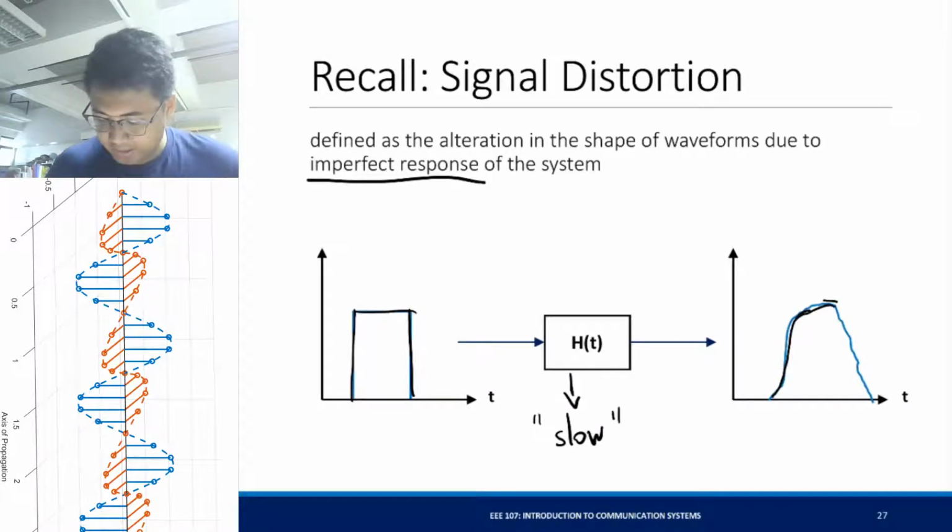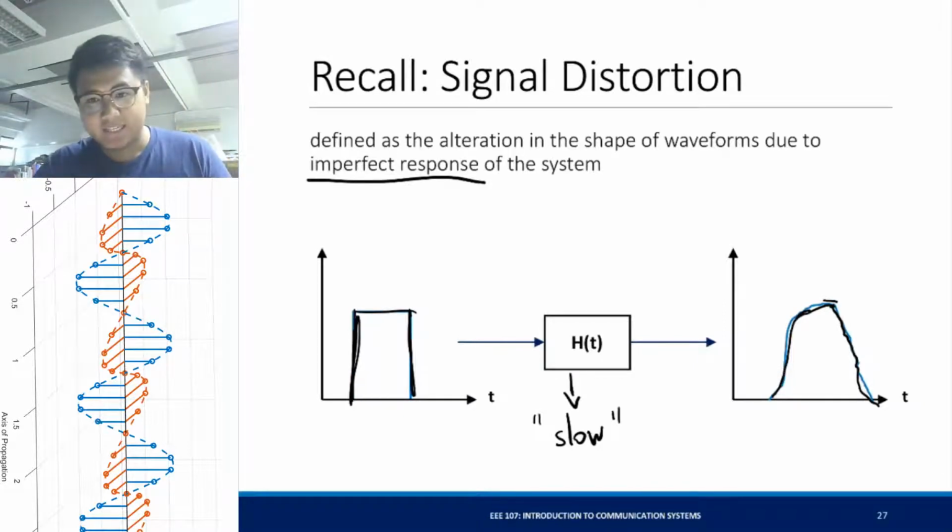And when the signal goes off, it does not immediately reach its turned off state. Real systems are actually something like this. Real systems are slow compared to an immediate rise of your signal right here. And this is an example of signal distortion.